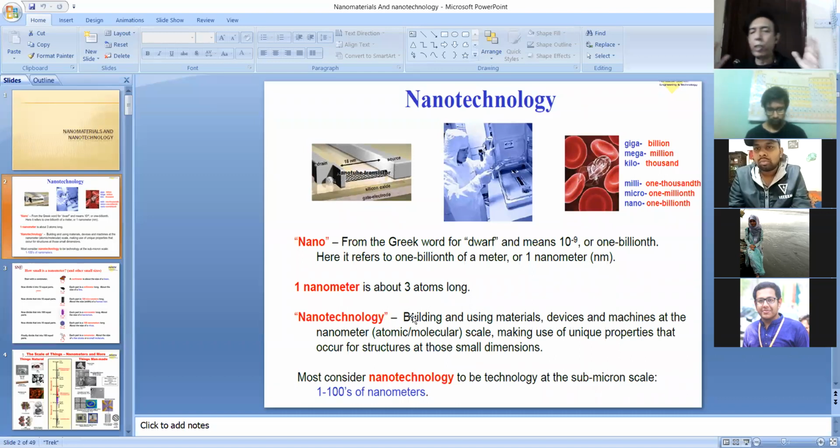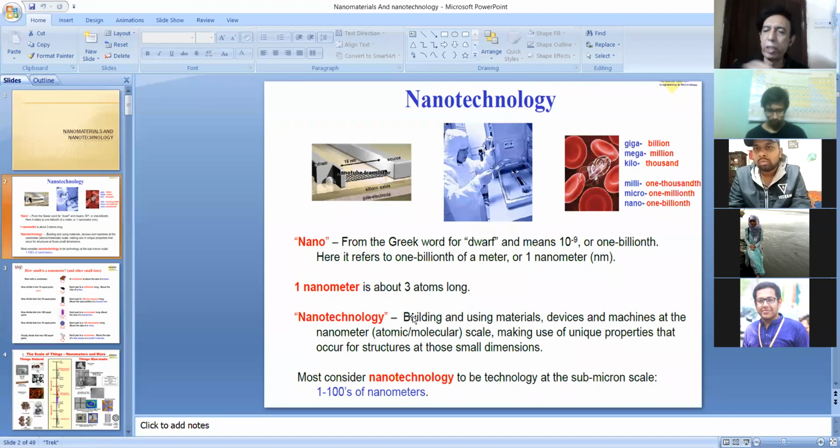And the engineers and physicists, they do various things with the nanoparticle. They prepare various types of machines and other things.